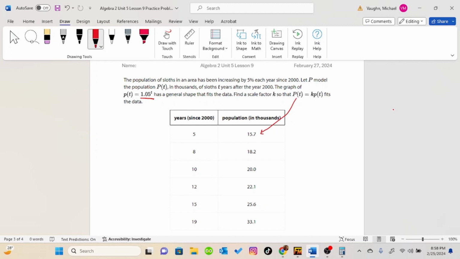So on this first row, we can substitute 15.7 in for capital P of t, equals k times p of t, which we said was 1.05 to the t. And in this case, t is going to be 5.